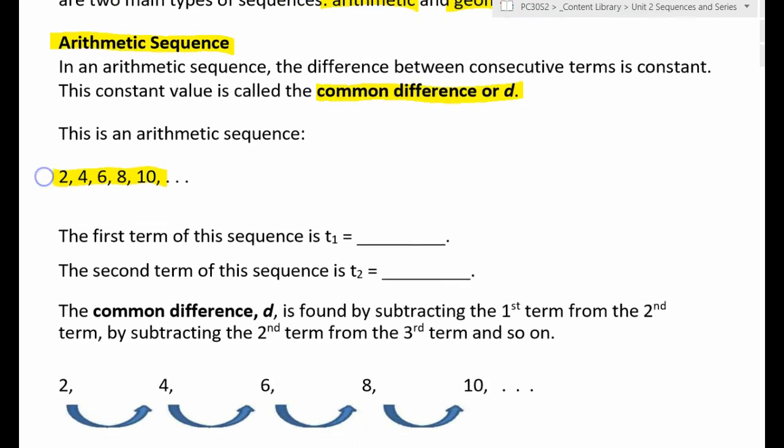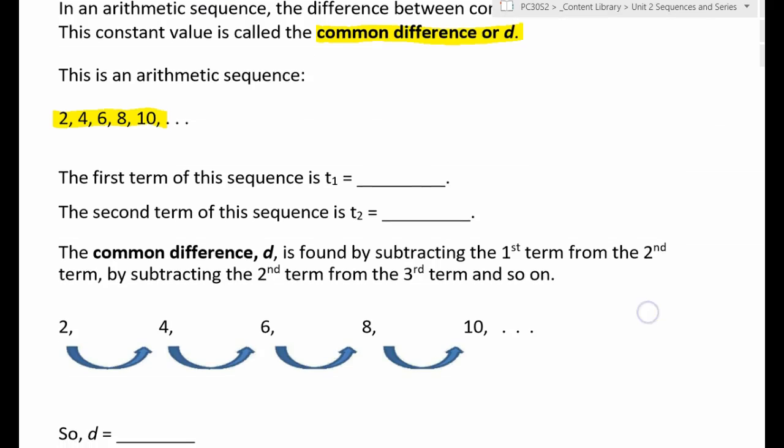So when we look at this pattern, we can identify this key information. The first term is known as T1. We start counting at 1, 2, 3, 4, 5 in terms of our term numbers. Our first term is 2, and our second term is 4. To find the common difference, you take your second term, subtract the first term.